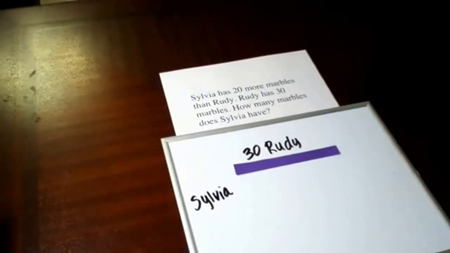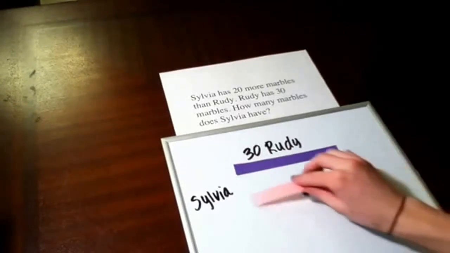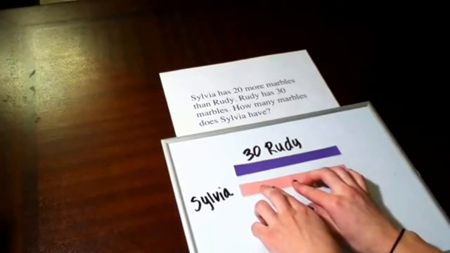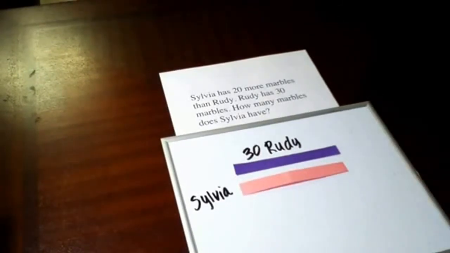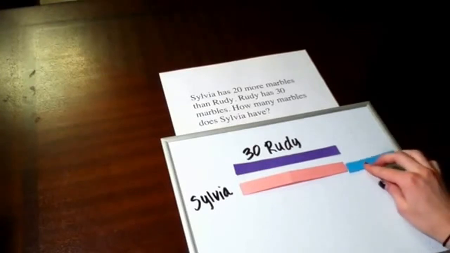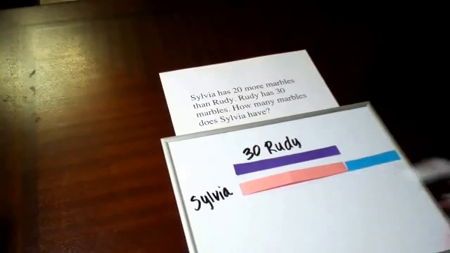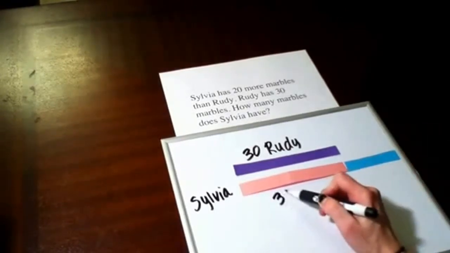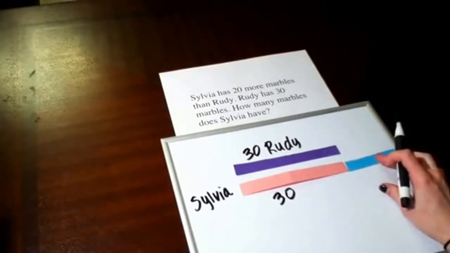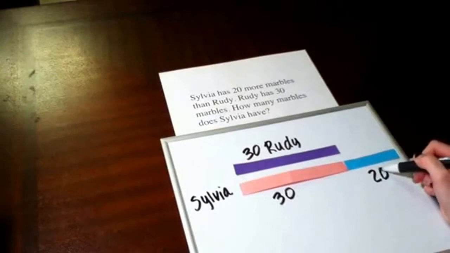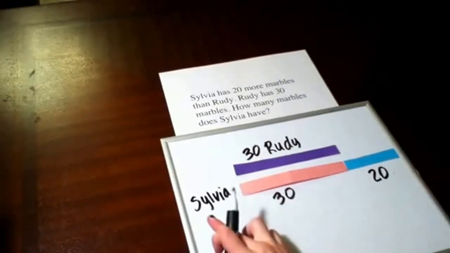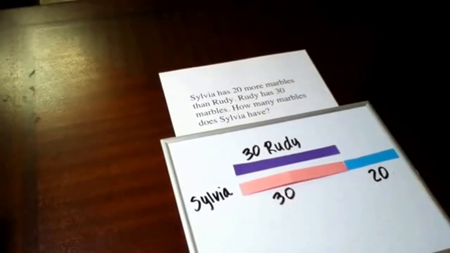So if she has 20 more marbles, she will have the exact same amount plus 20 more. So we know that she has the same 30, but she also has 20 more. So this is going to be Sylvia's piece.